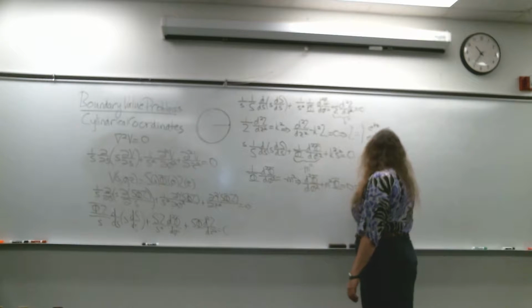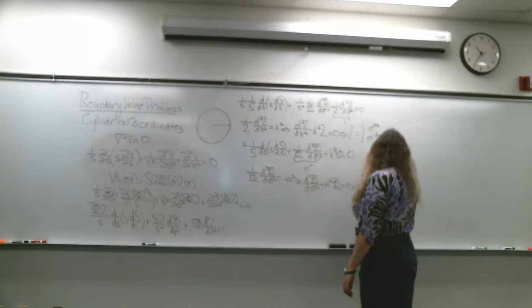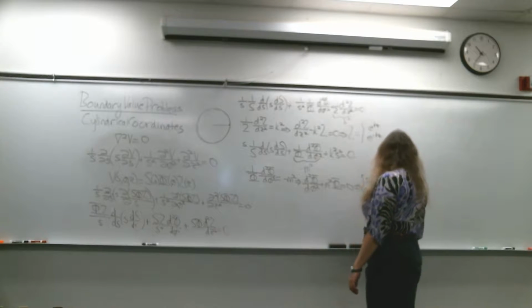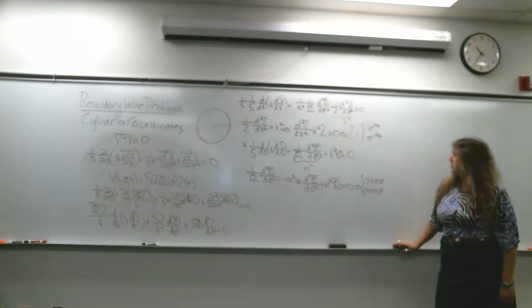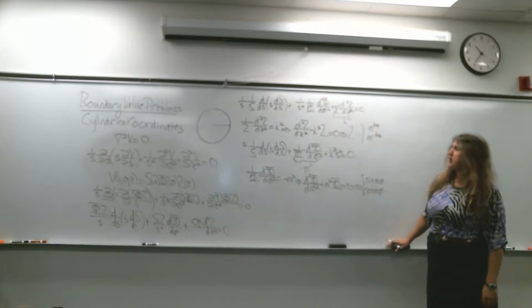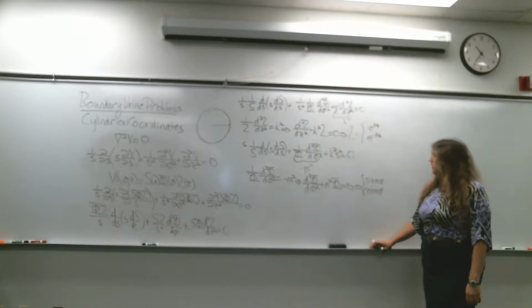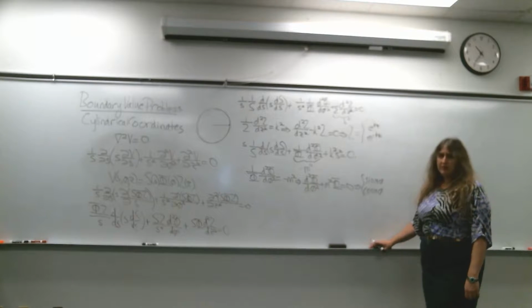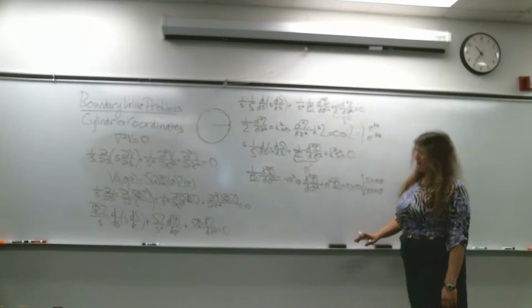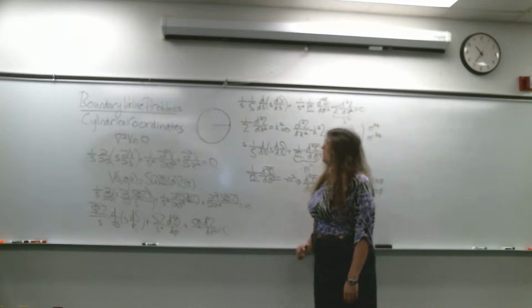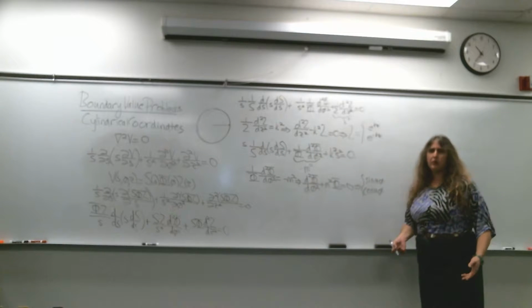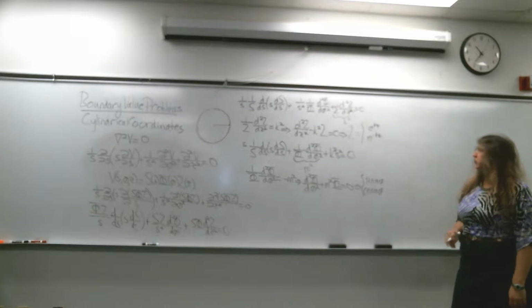The solution is sine and cosine alone. We cannot have hyperbolic sine of phi or hyperbolic cosine of phi, because those functions do not return to the same value at 2 pi. These functions do.